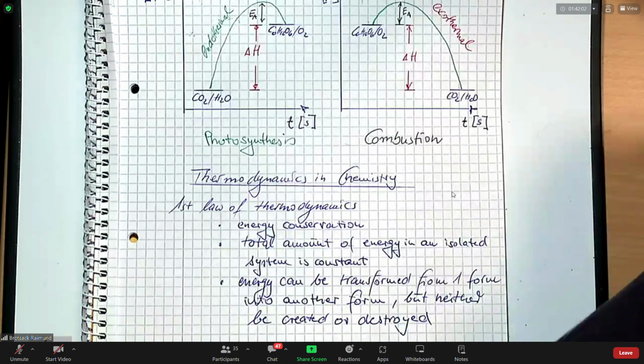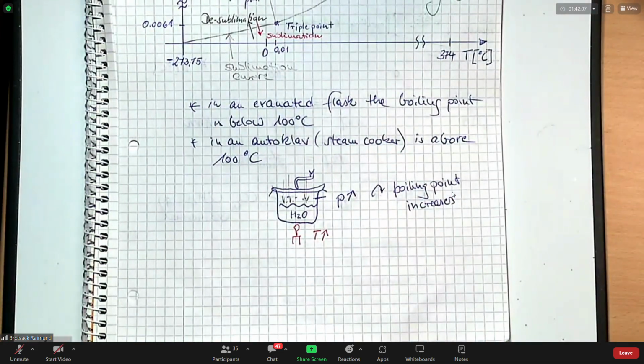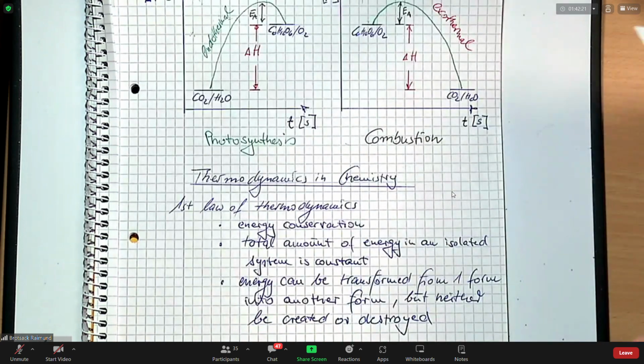Again, looking at our isolated system, we can transform it into different forms, but we cannot destroy it. The sum of energy is always the same in an isolated system. Here we don't have it isolated. We heat it up from outside, but to make it clear.